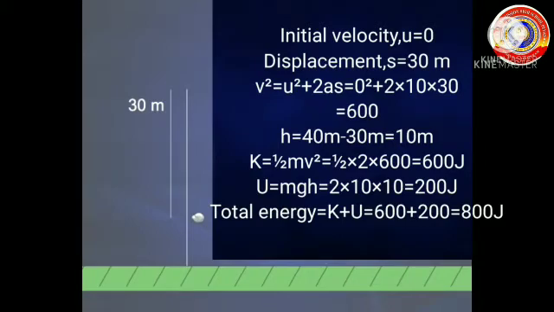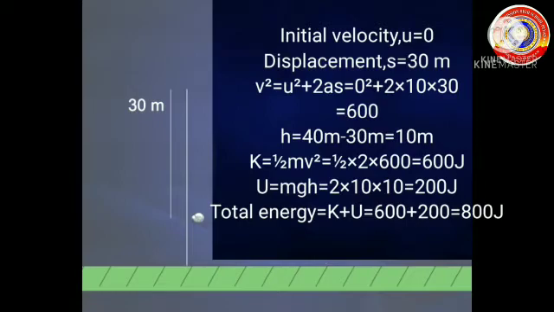And here height h equals 40 meter minus 30 meter, that is 10 meter. Kinetic energy K equals half mv square, that is half into 2 into 600 equals 600 joule. Potential energy U equals mgh, that is 2 into 10 into 10 equals 200 joule. And the total energy here is kinetic energy plus potential energy, that is 600 plus 200 equals 800 joule.